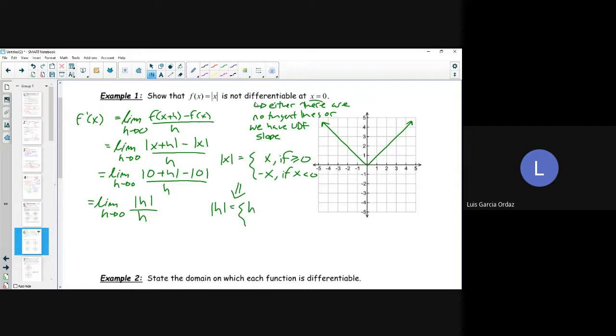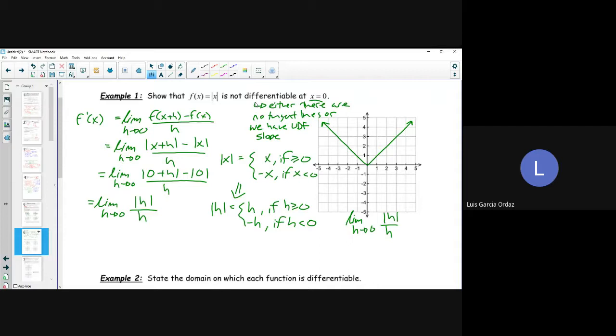It is positive h if h is greater than or equal to 0, and negative h if h is less than 0. So we can take that same concept and apply it to proving that it is not differentiable at x equals 0. So again, we have our limit as h approaches 0 of the absolute value of h over h.